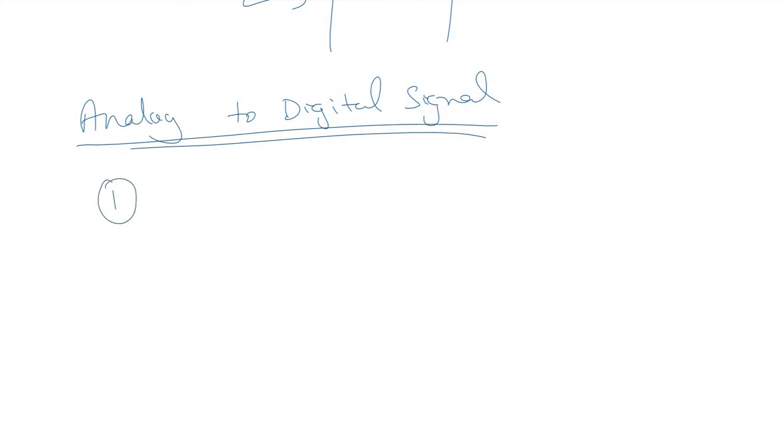The first step is that the analog signal is converted into a digital form. The very first step for that is sampling. After sampling, what we get is a discrete time continuous valued signal.